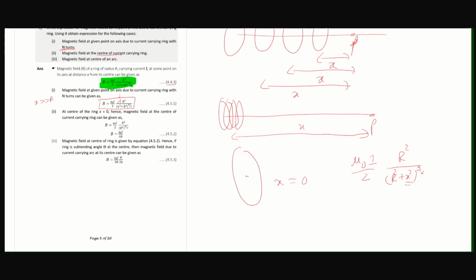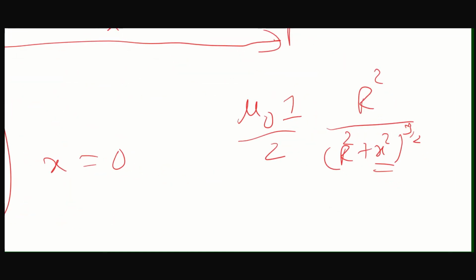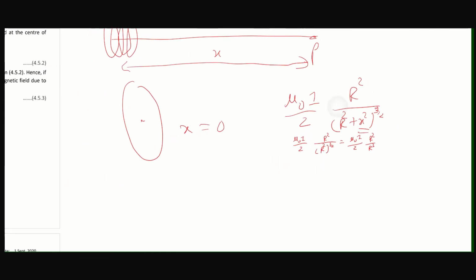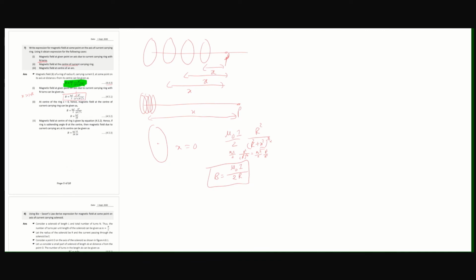Taking X as 0, you are left with mu 0 I by 2, r square upon r square raised to 3 by 2, that is r cube. So mu 0 I by 2, r square by r cube, that is mu 0 I by 2r. This is the magnetic field at the center of the ring.